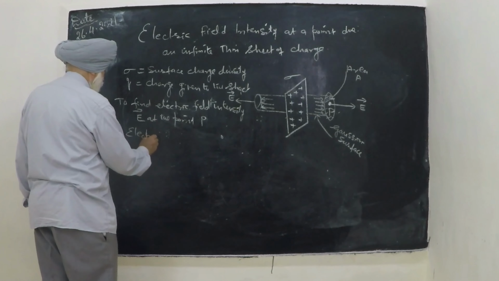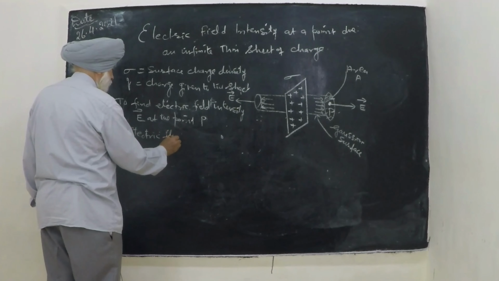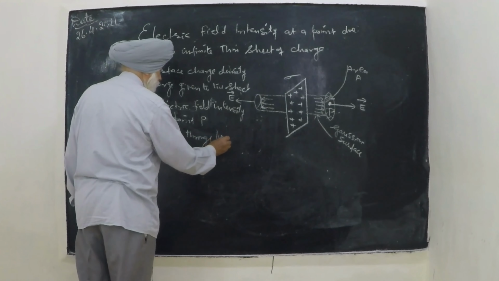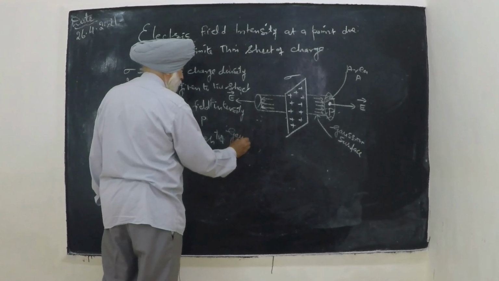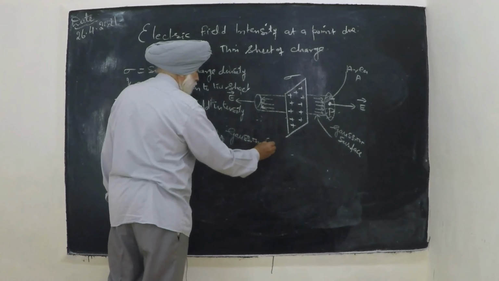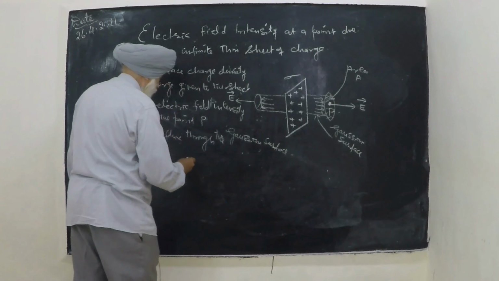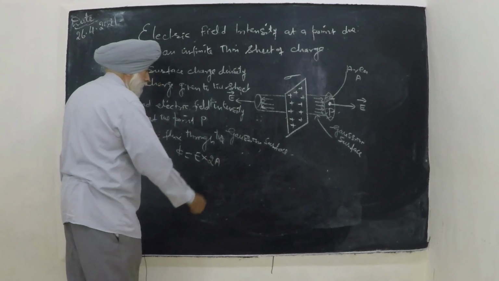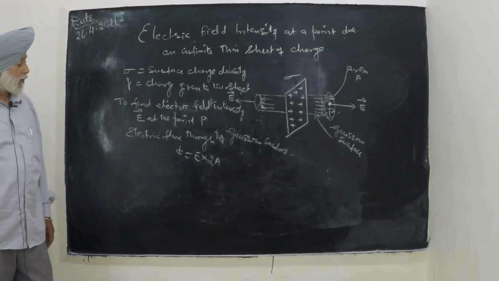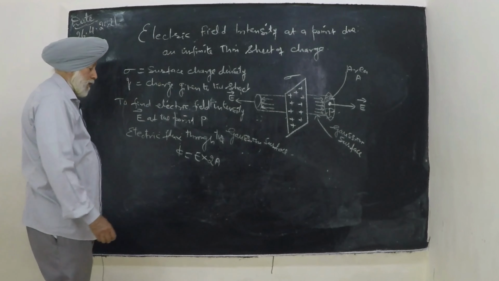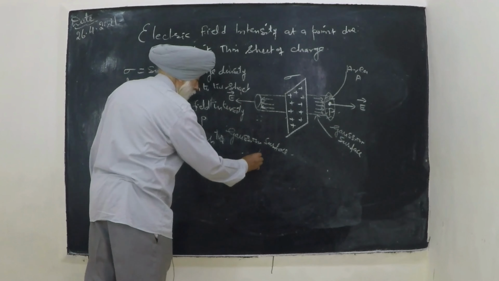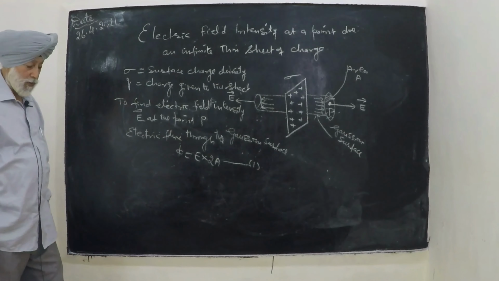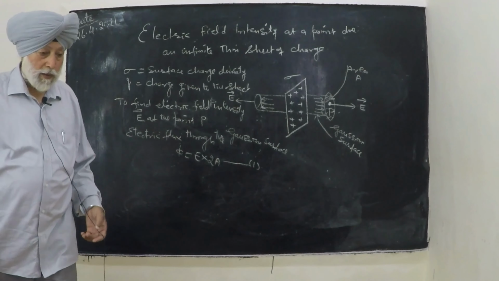Then electric flux through the Gaussian surface, phi is given by E multiplied by the area, and area of both sides of the cylinder is 2A. This is the electric flux passing through the circular caps, that is through the Gaussian surface.